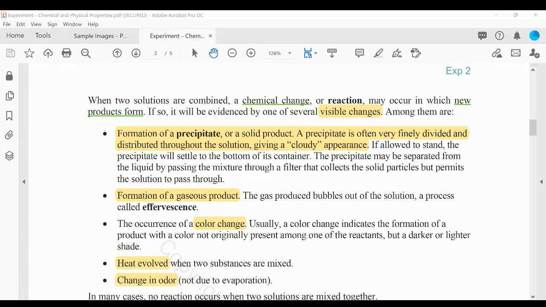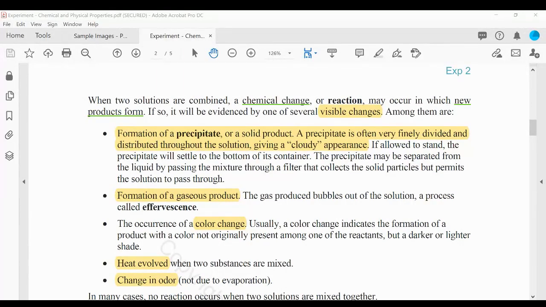What other signs do we have to be alert for, especially when we are going to watch the videos? Formation of a gas. If we see bubbles in the solution that are going out of the solution, the formation of a gas is another indication that we have a chemical reaction.